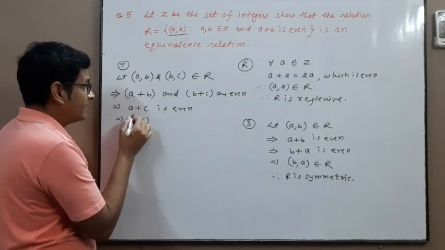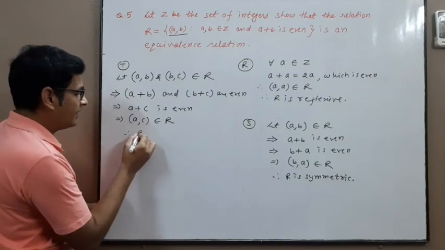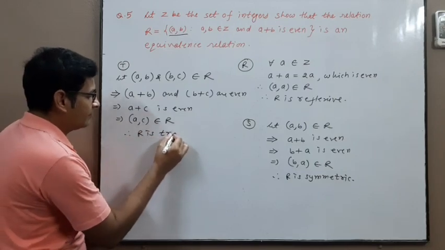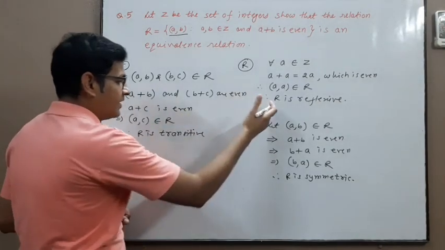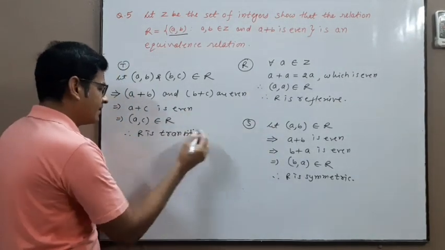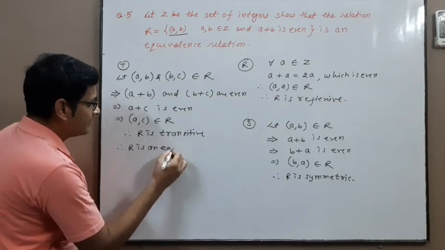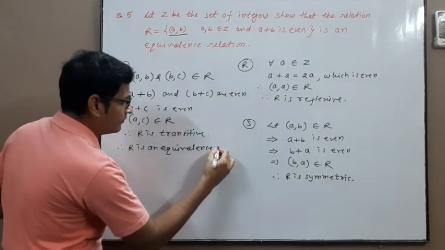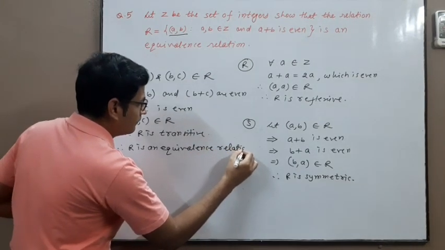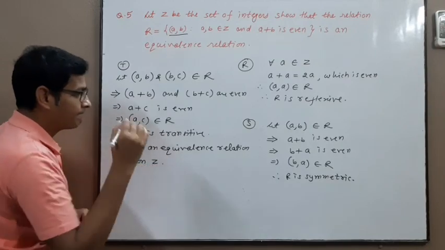So (A, C) belongs to relation R. Therefore R is transitive. R is reflexive, R is symmetric, R is transitive. Therefore R is an equivalence relation on J.